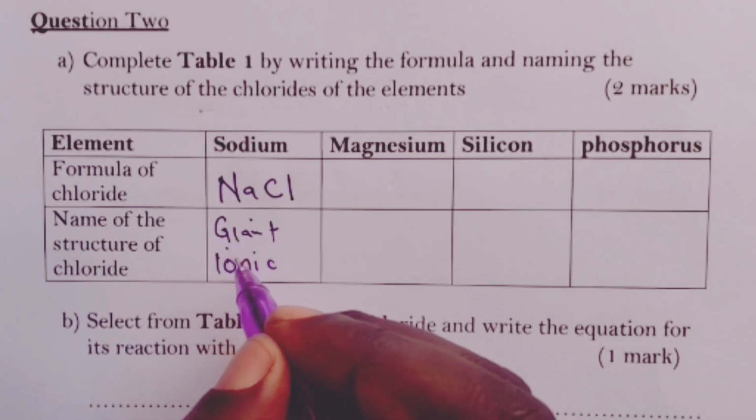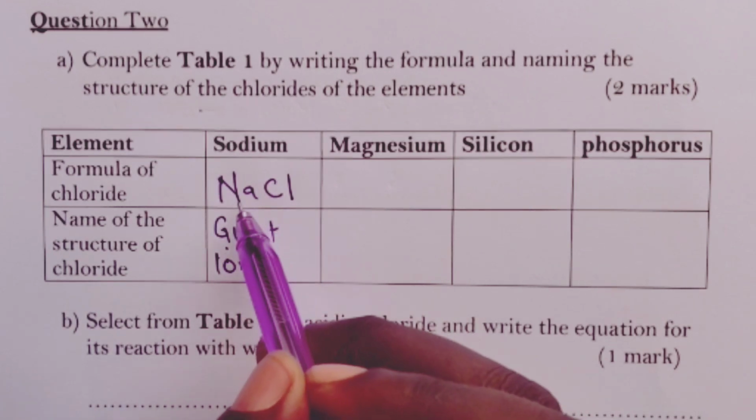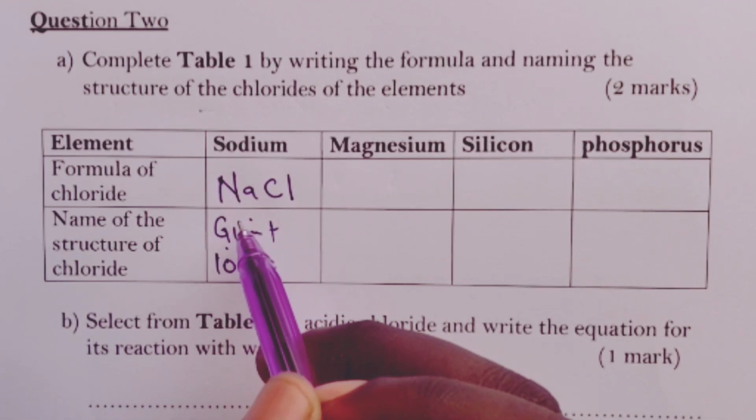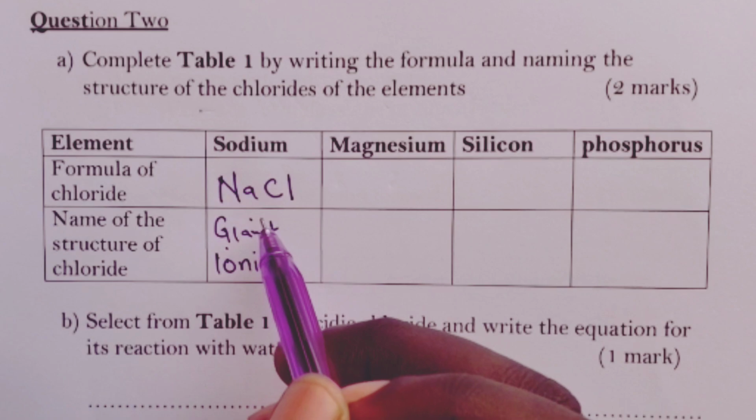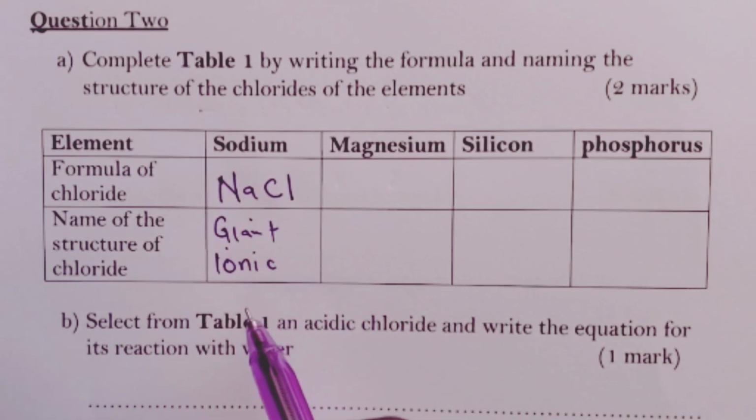sodium chloride actually is formed when a metal, sodium, is bonded to a non-metal, chlorine. So the bond here is expected to be ionic bond or electrovalent bond, and the structure will be giant ionic.